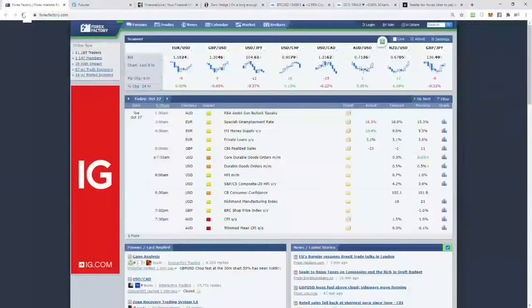And all we're really looking for here is just doing a quick check to see if there's any red reports, any high impact news announcements that are coming up that we should be aware of that might potentially cause a big whip in the market, or cause our spreads to widen considerably, where it might slip us out of a position or put us into a position that we don't really need to be in.